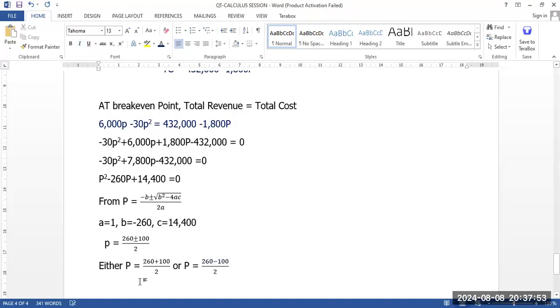So what do you get? What are the values of P? The first P will be equal to 260 plus 100, then divide by 2, you get 180, or your P will be equal to 260 minus 100, you divide by 2. So those are the values of P.